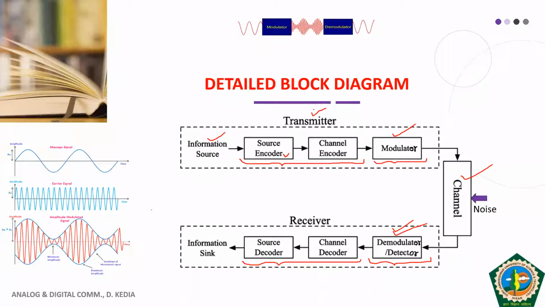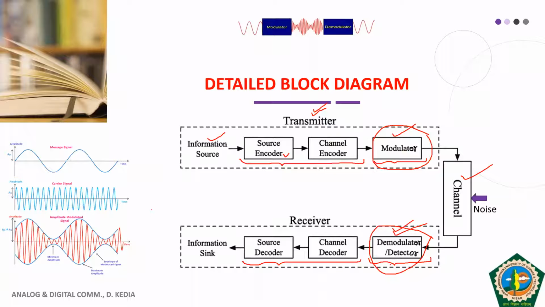So at the transmitter, the main block which is present is the modulator. The modulator is an integral part of the transmitter, whereas the demodulator is an integral part of the receiver. This encoder and decoder are secondary blocks. The main blocks are the modulator and demodulator.